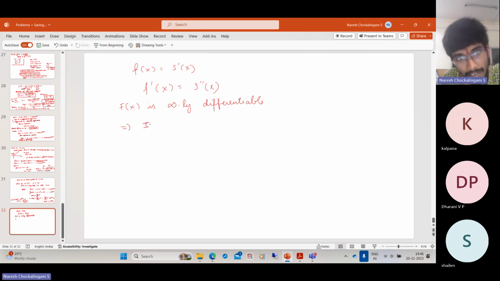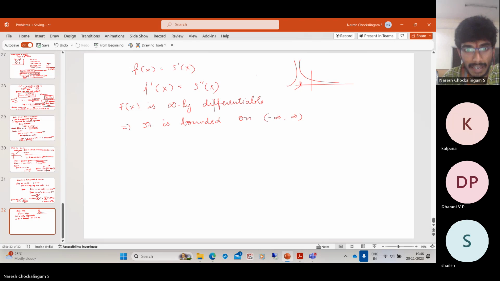Which means it is bounded on minus infinity to infinity, right? If a function is taking infinite value somewhere in between, then at that point it is not continuous. It cannot be continuous. So since the function is differentiable, its derivative is bounded on minus infinity to infinity.